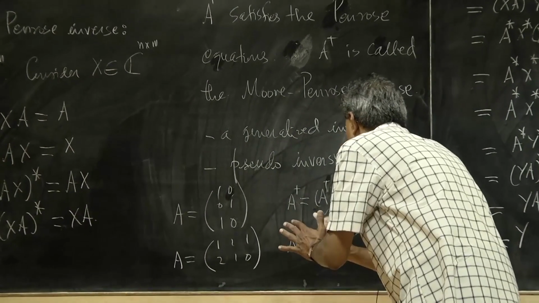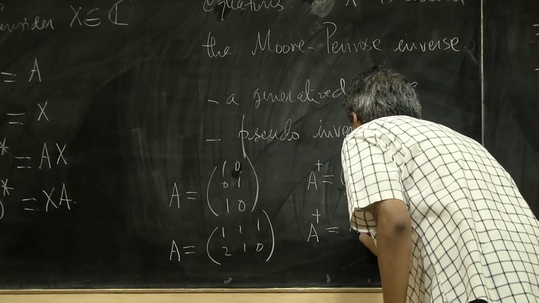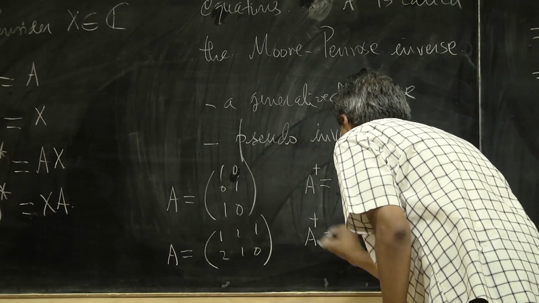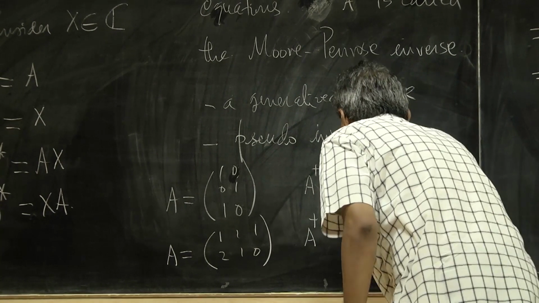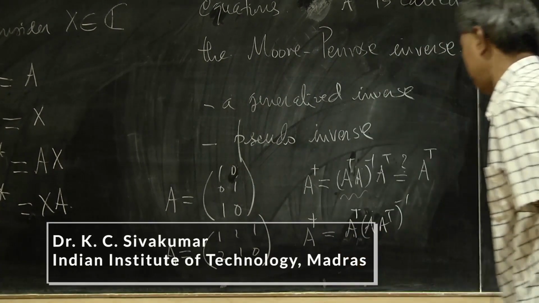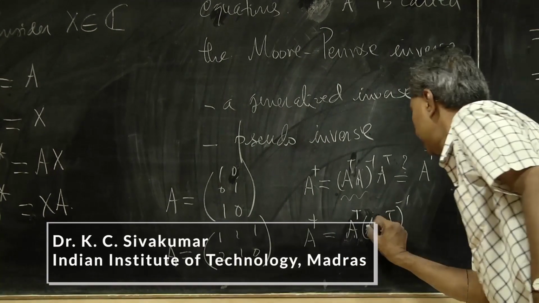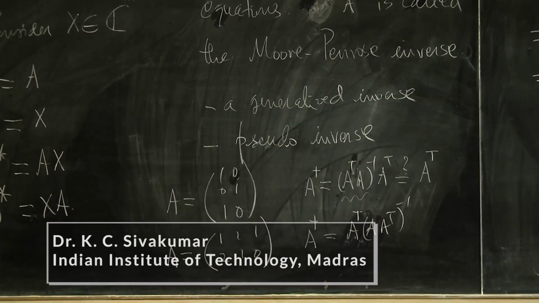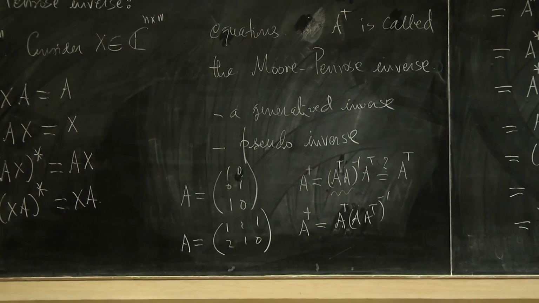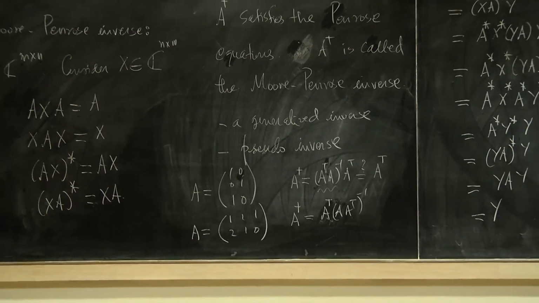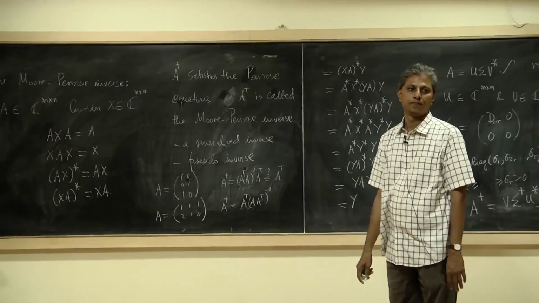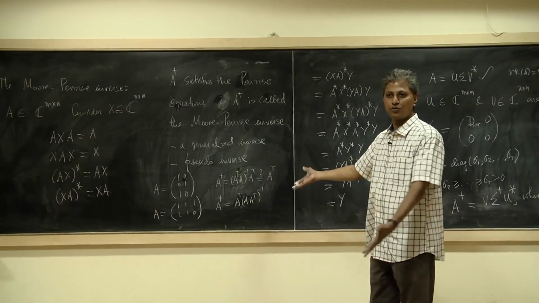It's a right inverse. So I have given formulas which don't depend on the singular value decomposition, because for 2 by 2, 3 by 3, don't use singular value decomposition. So I am just asking you to verify these.